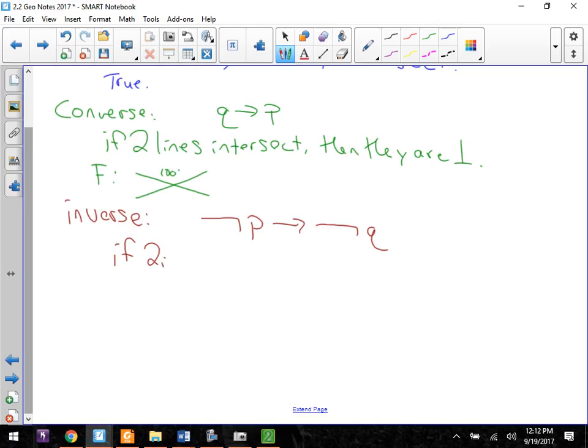If two lines are not perpendicular, then they do not intersect.